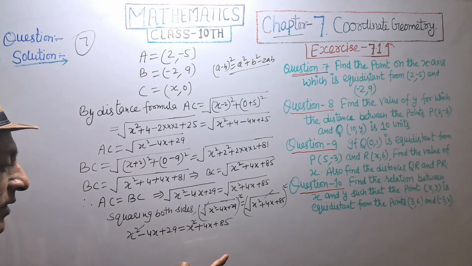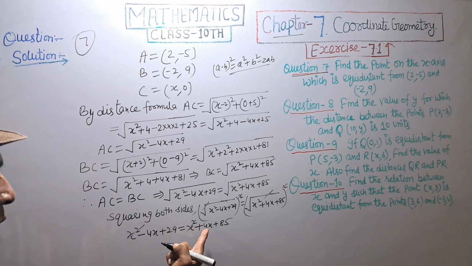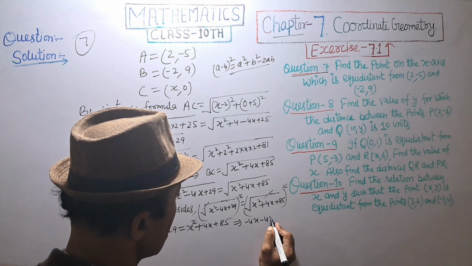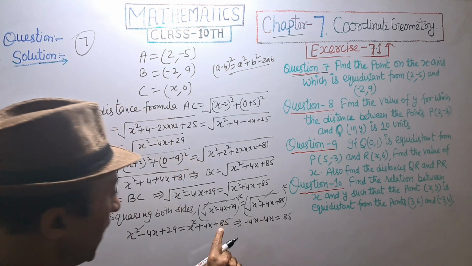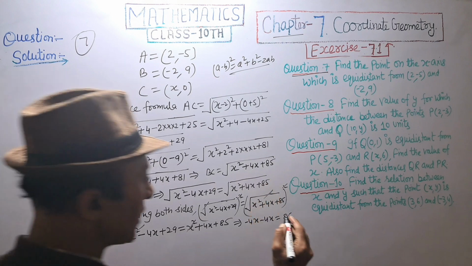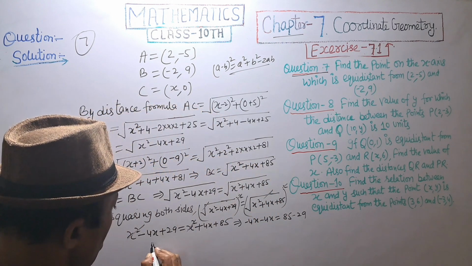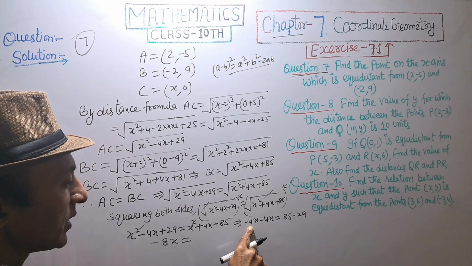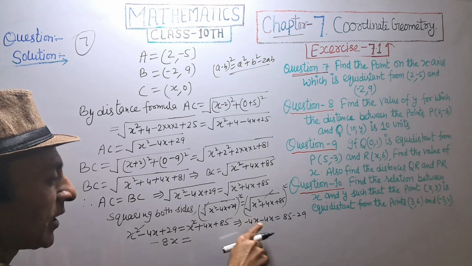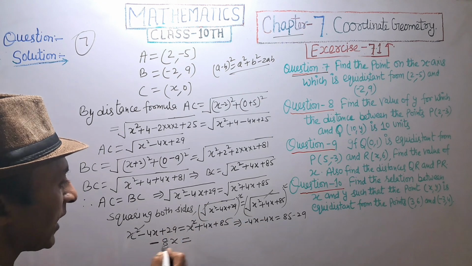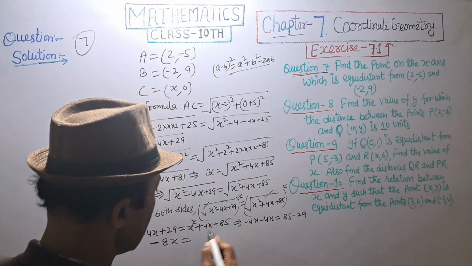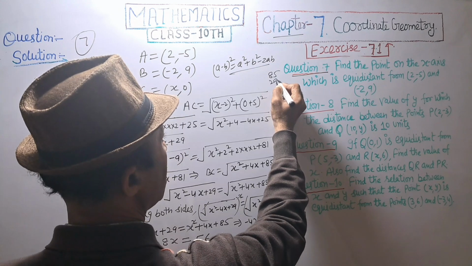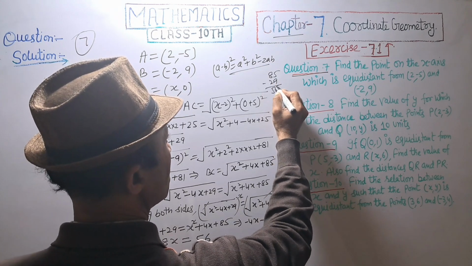x squared is cancelled, and 4x is shifted to the left side. This implies minus 4x minus 4x is minus 8x, equal to 85 minus 29, which is 56.